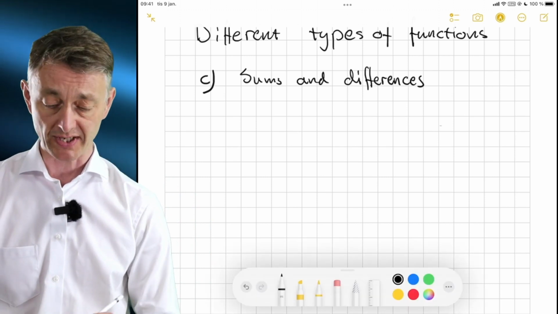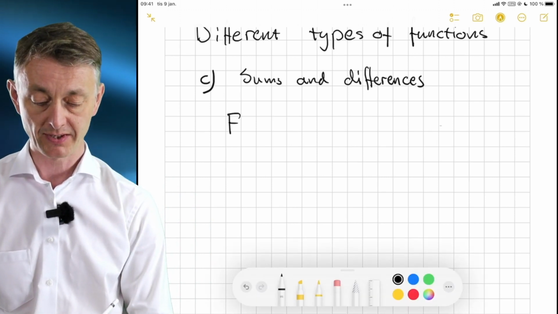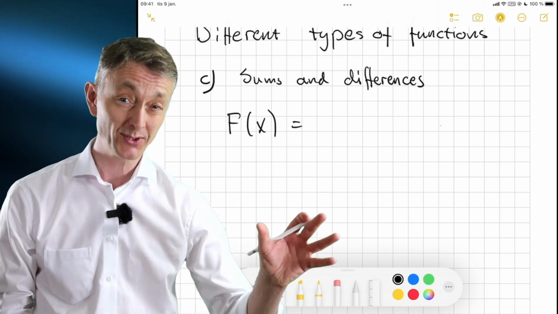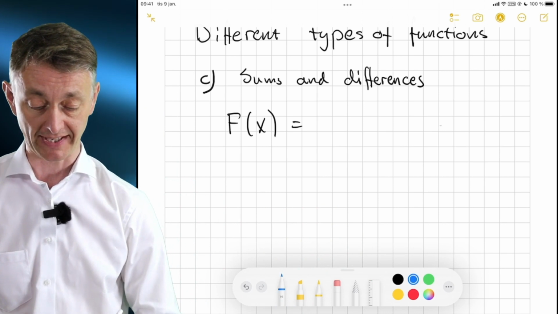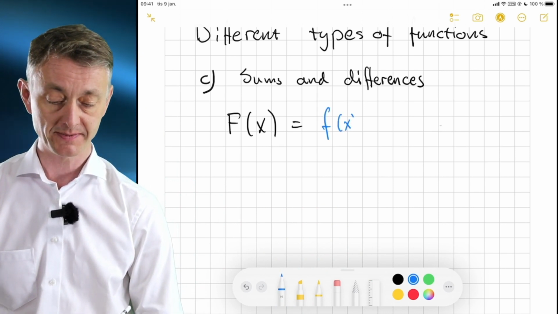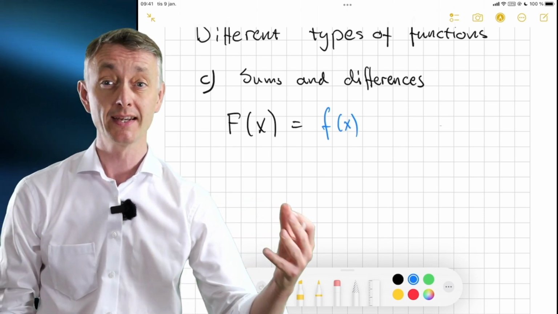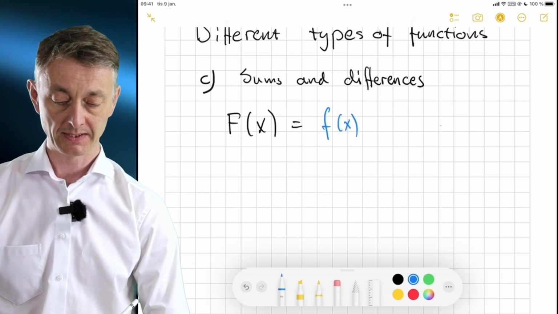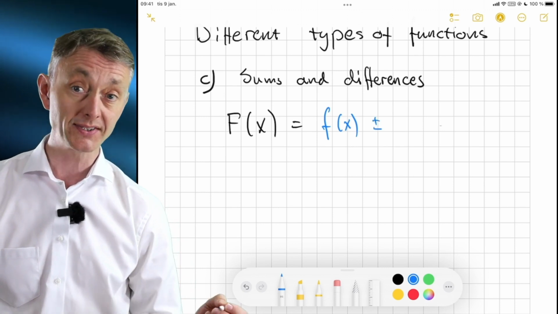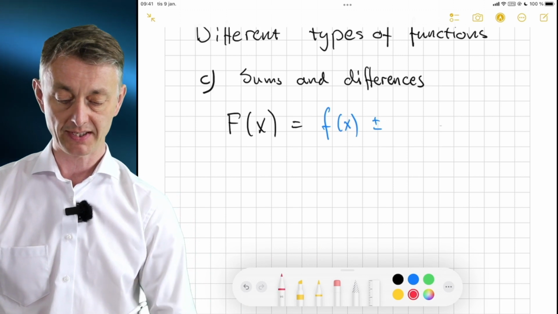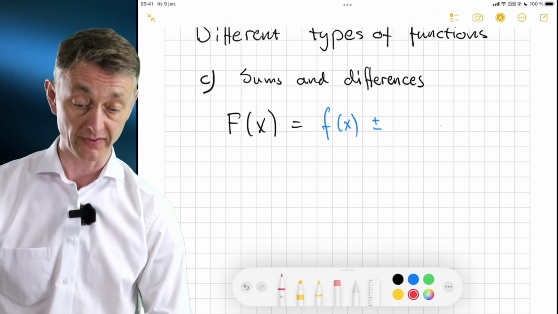Let's say we have a function capital F of x, and that is composed of two different functions of x. The first one is f of x, some sort of function. We'll see an example in a moment. And then we have plus or minus, it could be either or. And then we have a function that we call g of x.